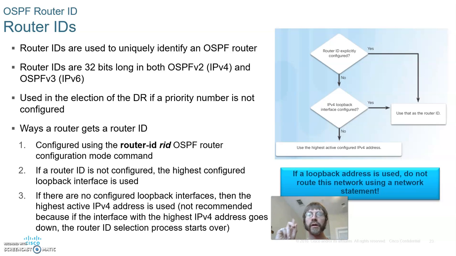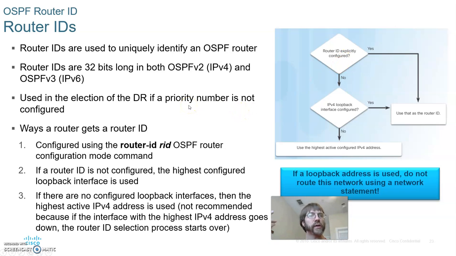Things will get confused, because that will also cause the router ID selection process to start over, and then you might get a different result. Either there's a loopback and it picks that, or there's a router ID. Now, the best way to do this is actually to set that router ID.